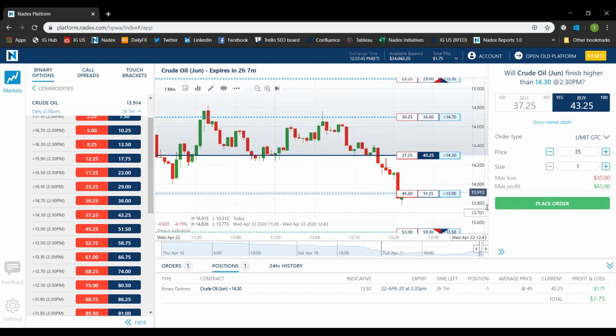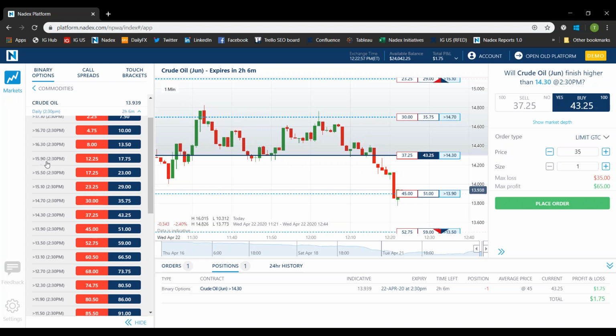Oil is right now trading at 1392.93 a barrel. Do I think it could potentially go from 1392 up to 1590? If I look at the middle of the bid-ask spread, that's around 15.